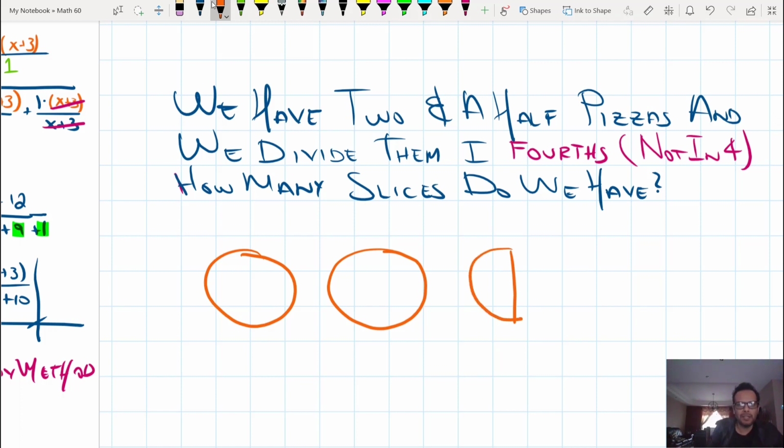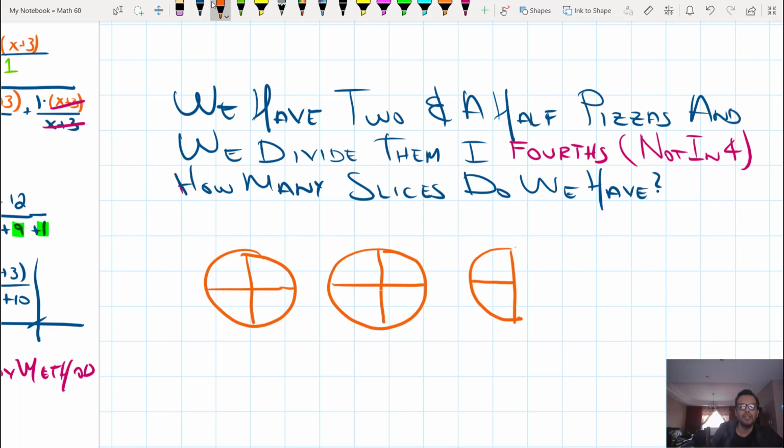Each pizza is divided in fourths, that means 4 slices: 1/4, 2/4, 3/4, 4/4. That'll comprise the entire pizza. Then we have another pizza divided in fourths. And here I'm not going to divide it in 4 pieces because it's only half of the pizza. So if we had the other half, we would have 2 more slices.